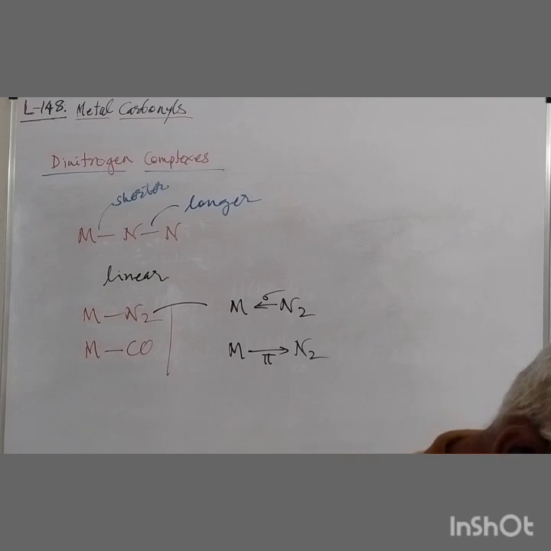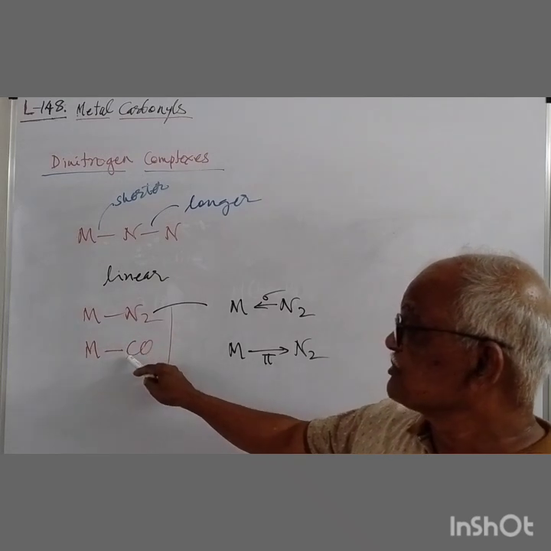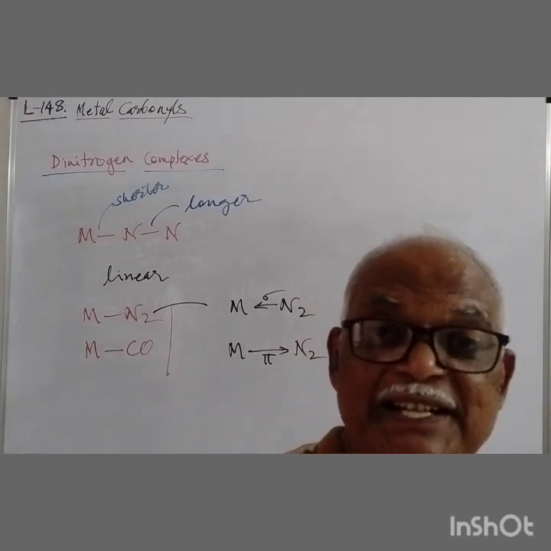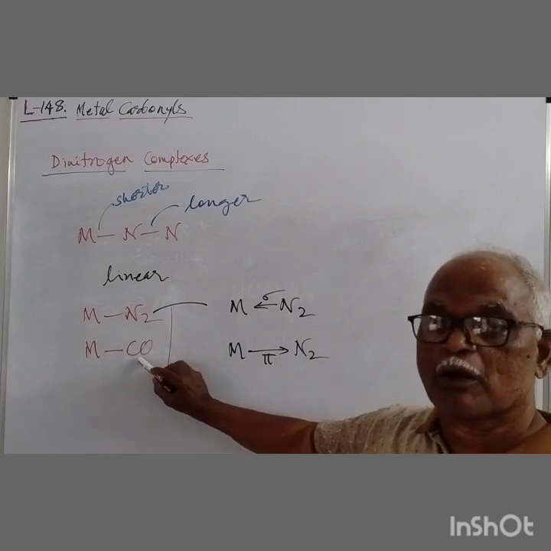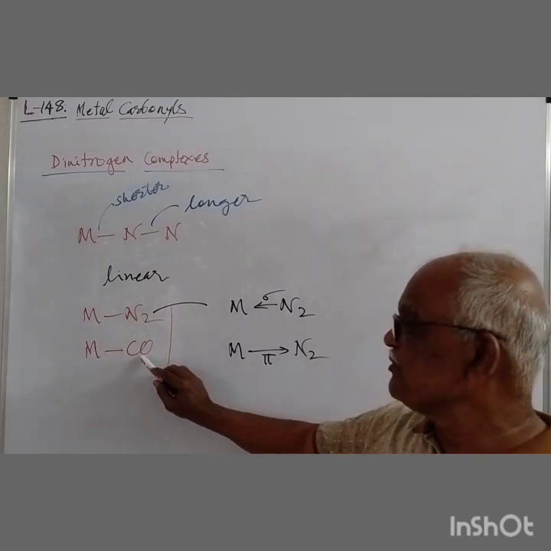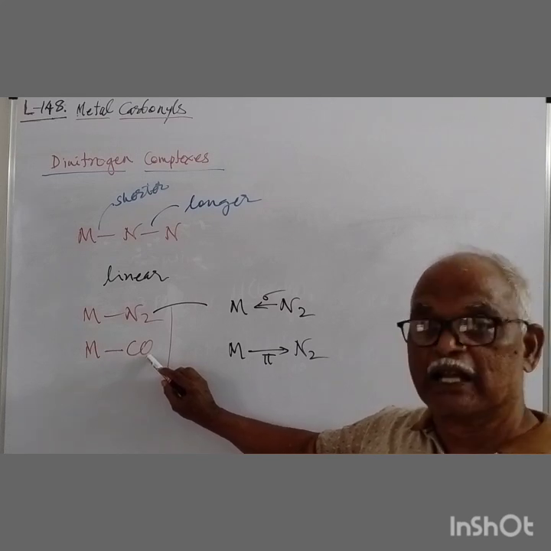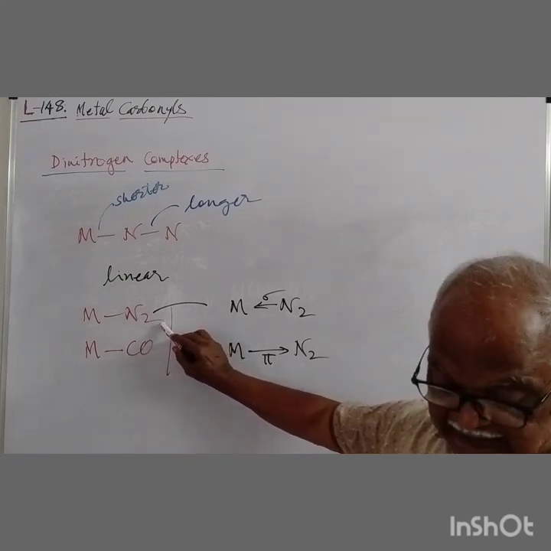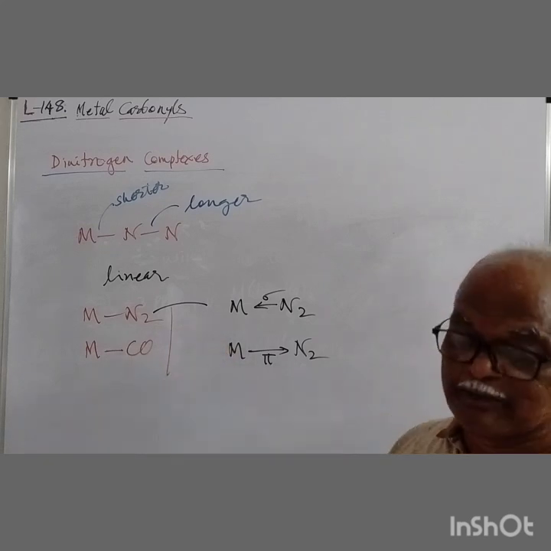The major quantitative difference between the metal nitrogen compounds and metal carbonyl compounds is due to the slight difference in molecular orbitals of nitrogen and carbon monoxide. The energies of molecular orbitals of nitrogen vary slightly from those of carbon monoxide, and that is why N2 is a weaker ligand than carbon monoxide.